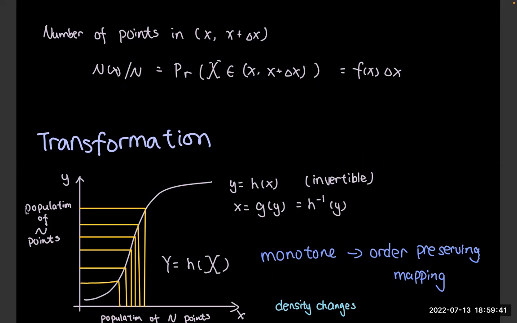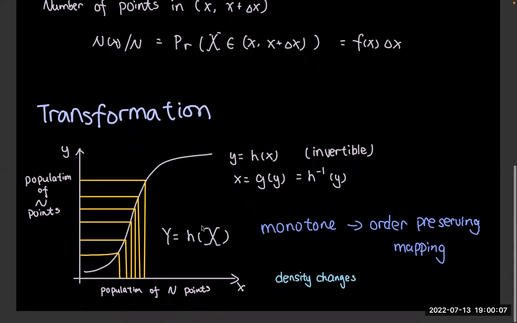After transformation, we have population endpoints on the y-axis. And you can see that the density may change under such a transformation. It is denser here, but if the slope is very big, then it is less dense here. So a continuous differentiable transformation can actually change the density.